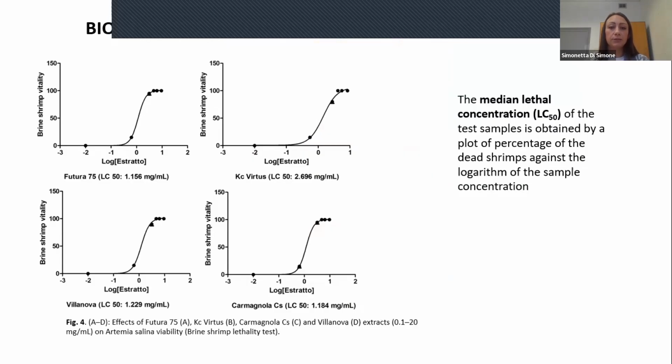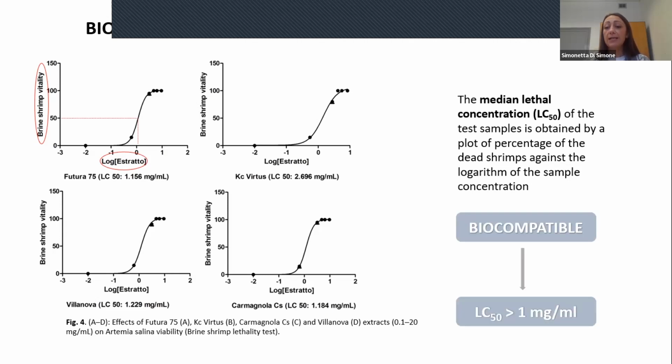If you plot the percentage of dead shrimps against the logarithm of the sample concentration, you obtain the median lethal concentration, the LC50 value of the test samples. An extract is considered biocompatible if it shows an LC50 value greater than 1 milligram per milliliter.